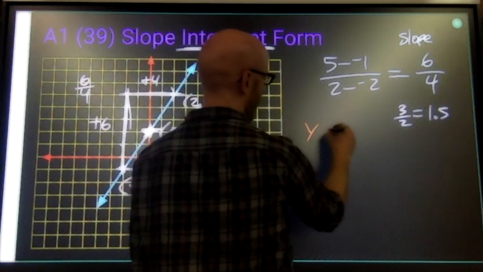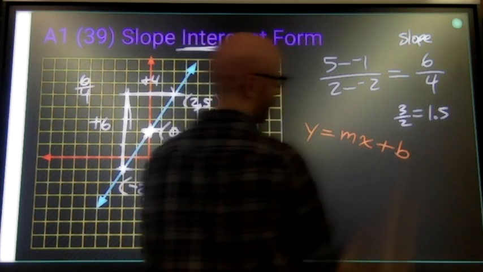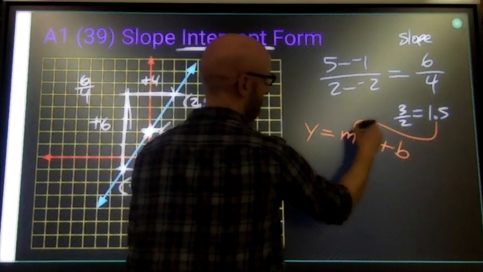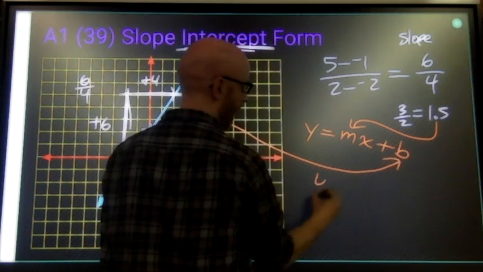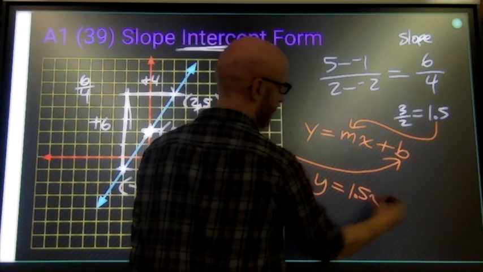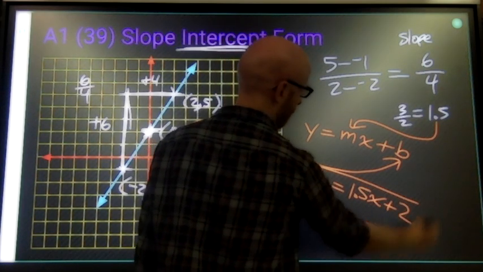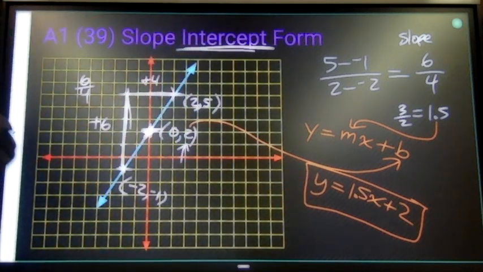Y equals slope times x plus y-intercept. Put my numbers in here. Y equals 1.5x plus 2. That is an equation of this line. It can be used to find every other point on the line.